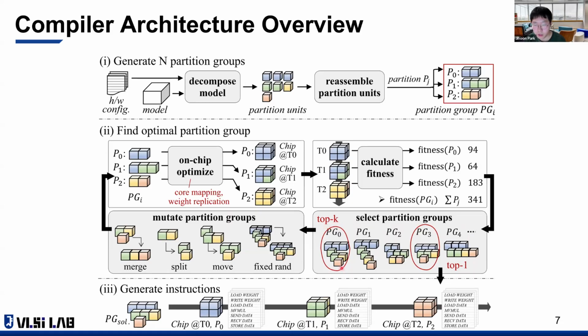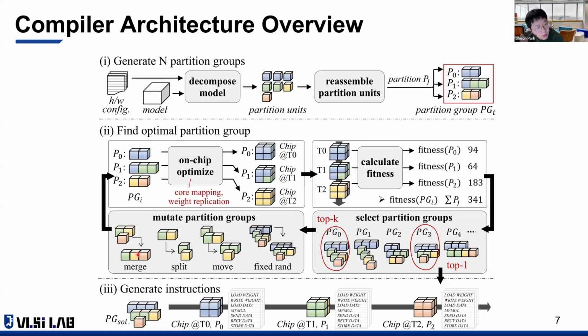This will be dealt with in more depth later, but we can select the top K and then mutate them using merge, split, move, and fixed random operations that move partition units between the partitions.